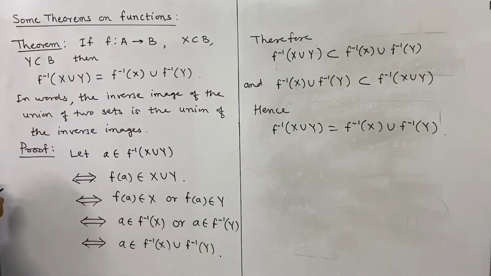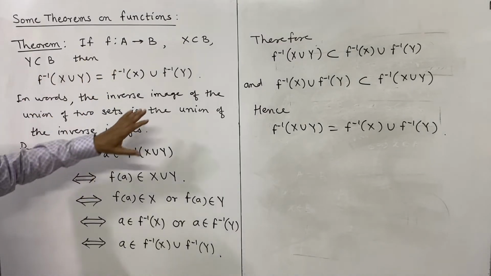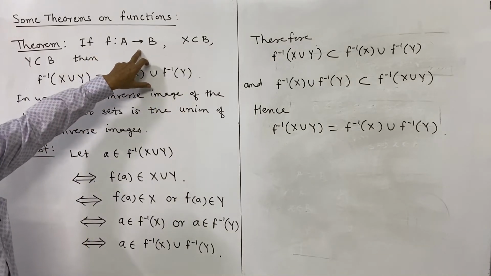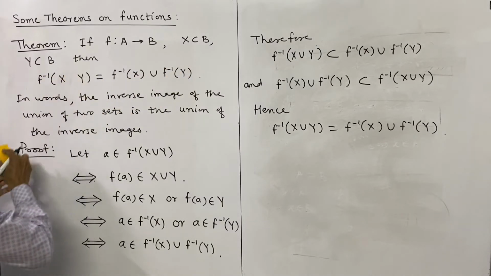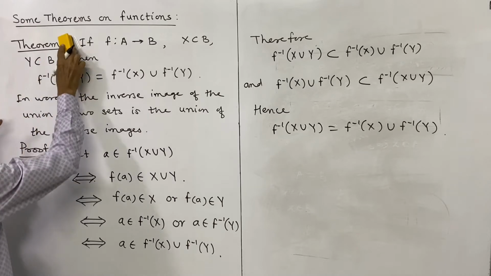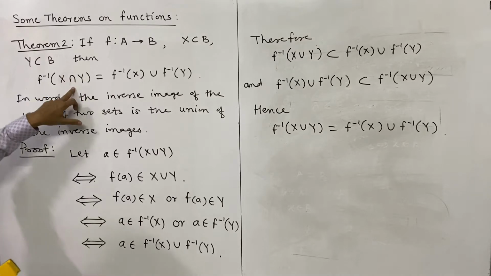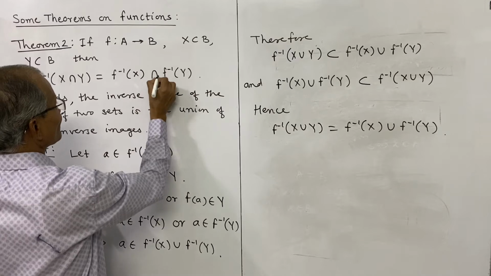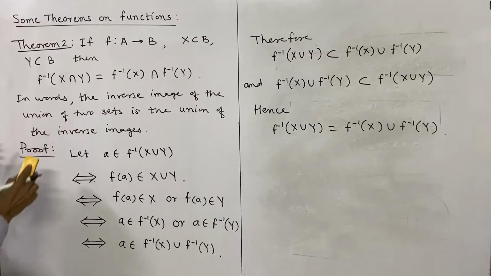Now we shall consider the second theorem. Exactly similar result holds for intersection. If f from A to B is a function, X is a subset of B, Y is a subset of B, then f inverse of X intersection Y is equal to f inverse of X intersection f inverse of Y. Instead of union we have to write intersection.